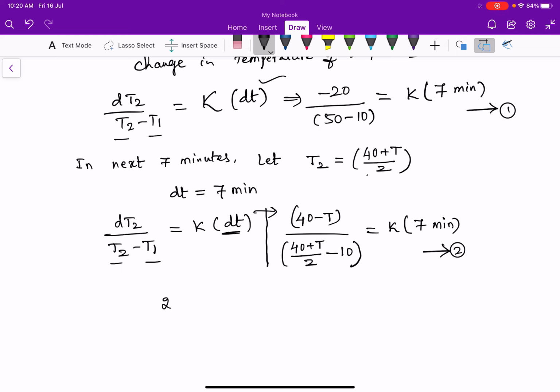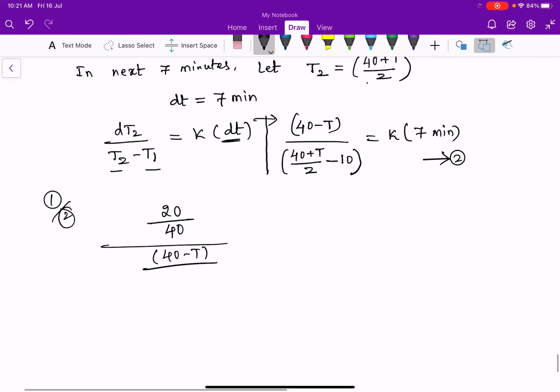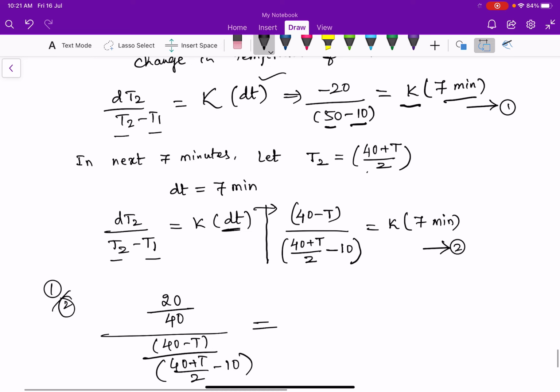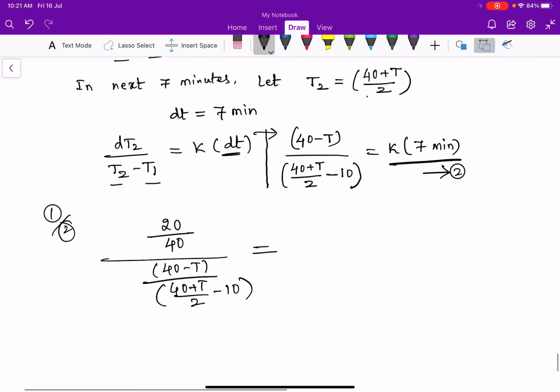So 20 divided by 50 minus 10 is nothing but 40 minus T divided by 40 plus T divided by 2 minus 10, is equal to K into 7 minutes by K into 7 minutes.